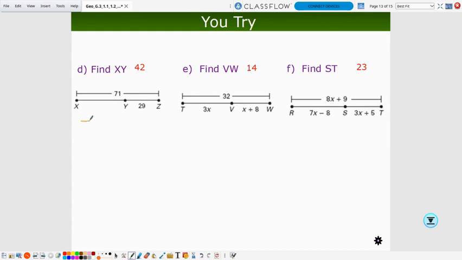So again, we're doing this. For here, I need to find VW. I can do it 2 different ways, but this is probably the easiest way, taking our 2 segments to add them together to equal the full segment.